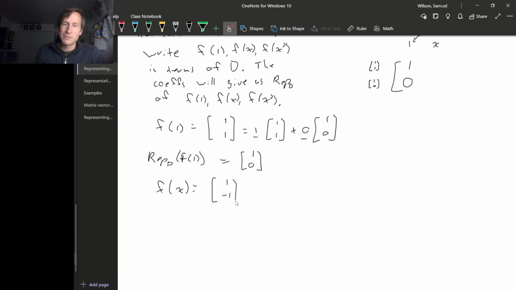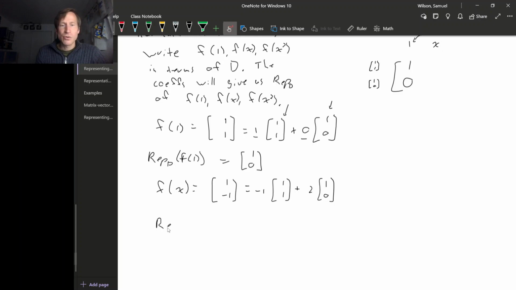That gives you -1. Now we need to write this vector in terms of the basis D, right, which was (1, 1) and (1, 0). So to do that, we're going to need, I think, -1 times (1, 1) plus 2 times (1, 0), right? You can check that this all adds up.